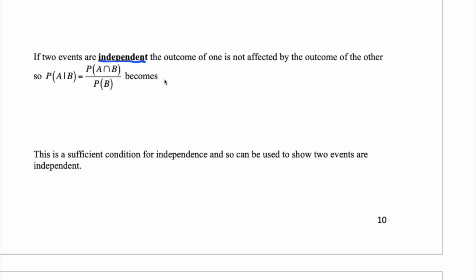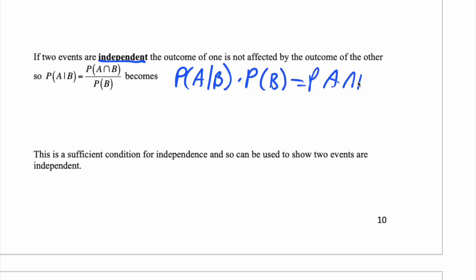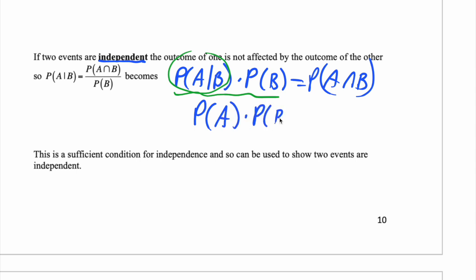If we rearrange this, we have the probability of A given B times the probability of B equals the probability of A and B. But if they're independent, the definition is that A does not depend on B. So it doesn't matter what the probability of B is, A doesn't depend on it. So this becomes just the probability of A times the probability of B equals the probability of A and B. That's where the formula in the formula booklet comes from.